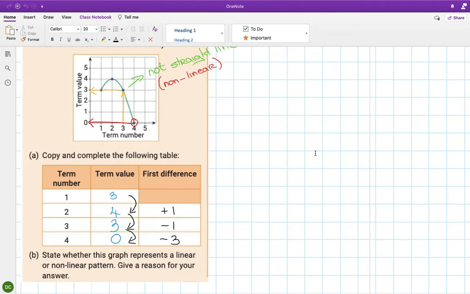Okay, so state whether this graph represents a linear or a non-linear pattern. Give a reason for your answer. So this is a non-linear pattern. And my reason, now I only need one reason, but I can give you 2.